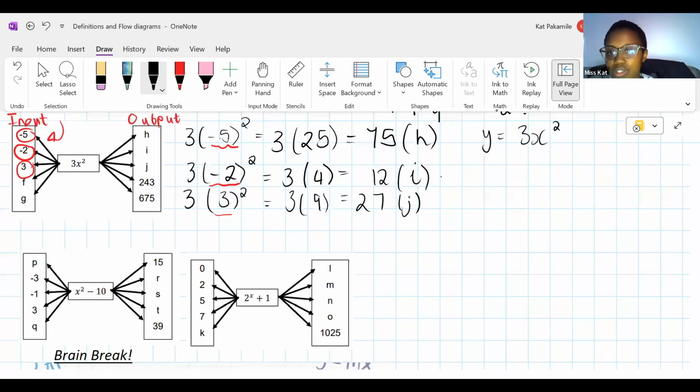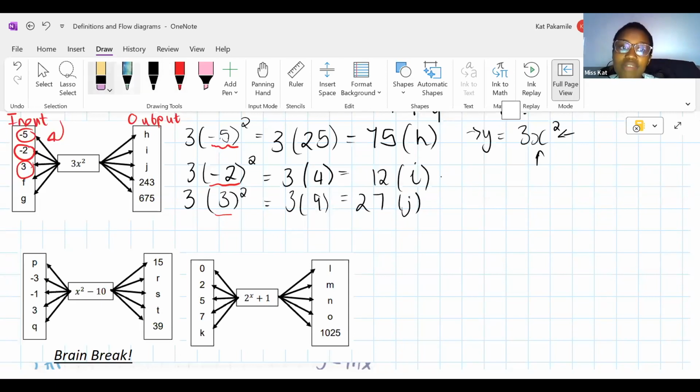So your output is that squared. So now you have your output. So where would you substitute it? Instead of substituting it at x, where would you substitute it? At the 3. Remember, we want to find out the input, which is x.